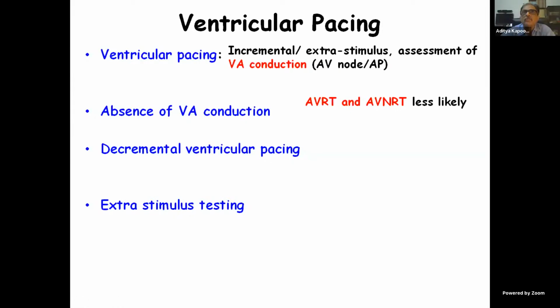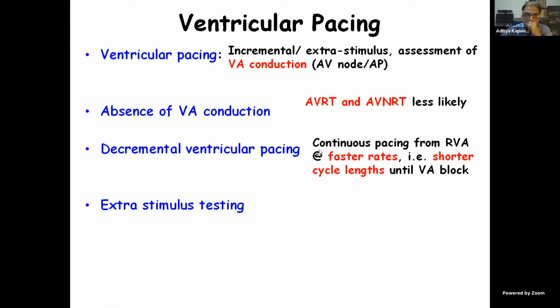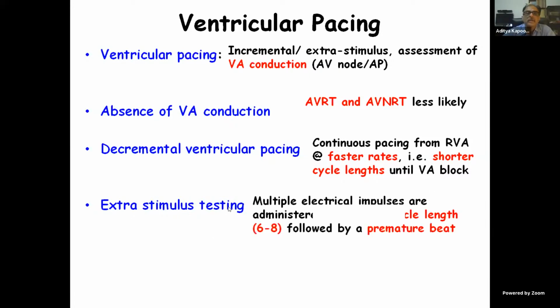If there is no VA conduction and you strongly suspect some AVRT or AVNRT, you might want to give isoprenaline. By and large, absence of VA conduction rules out these tachycardias. Then you do decremental ventricular pacing, which means you keep pacing from the RV apex at faster rates, shorter cycle lengths. And of course, you do extra stimulus testing. So these are the 4 or 5 things you would want to do.